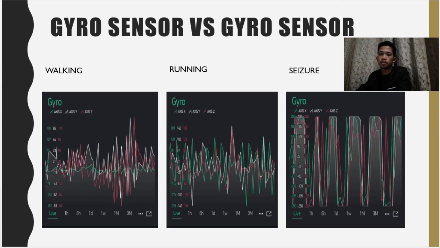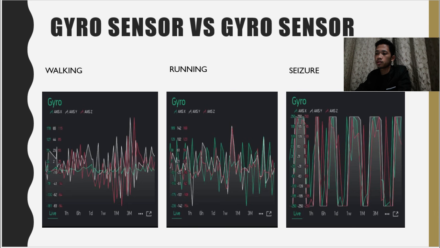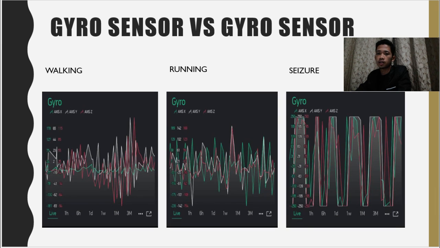The middle one is the running gyro sensor data, and the last one is the gyro sensor data while having a seizure. Between the walking and running gyro sensor data, there is a slightly different graph, and by comparing these two, it might be confusing whether the user is walking or running. In the gyro sensor data while having a seizure, we can see that there are a few flat graphs and there is unstable data.